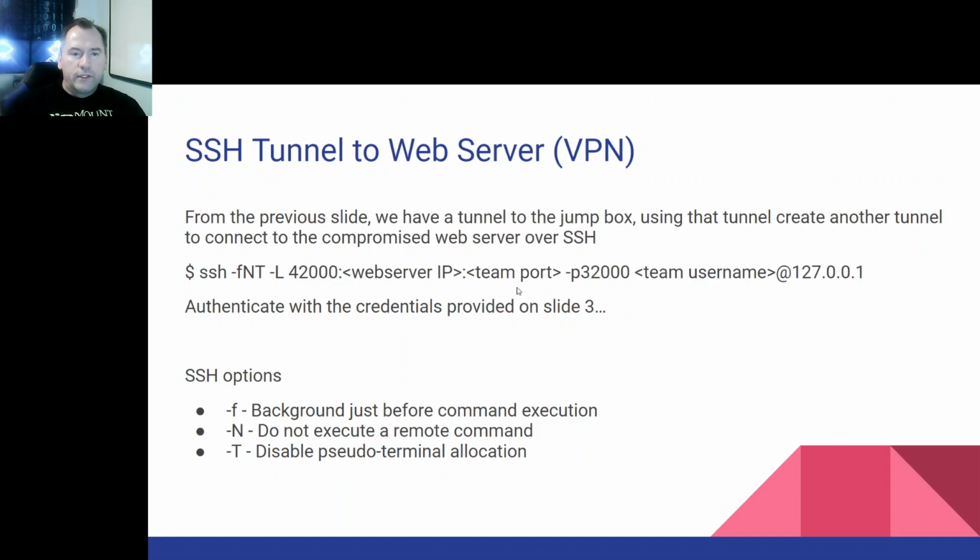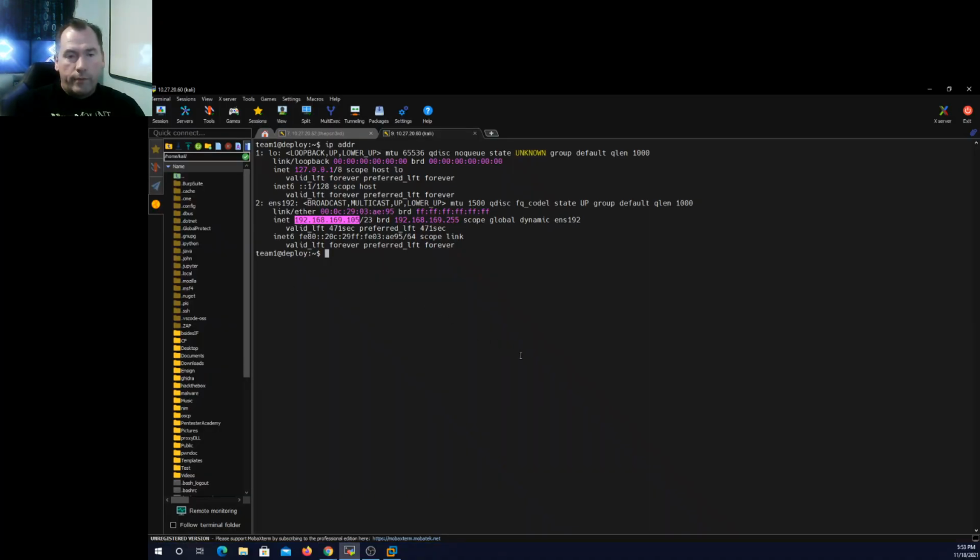So what I want to do is create another tunnel inside of my tunnel that connects to the compromised web server over the team port. To do that, I'm on the deploy box. I can do SSH and the account that I compromised at 192.168.168.161 on port 22,000 and then your team number.